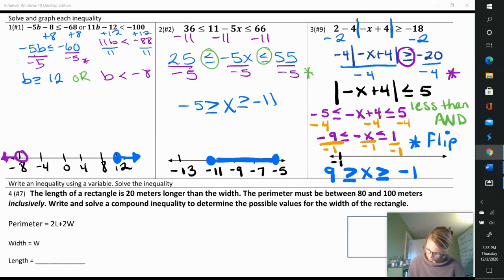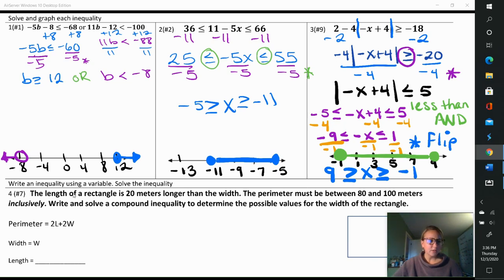I'm going to increase by 2 with odd numbers again to make sure these all fit. And this is an and inequality, and it's filled in at negative 1 and at positive 9. And we shade in between because it's an and compound inequality.